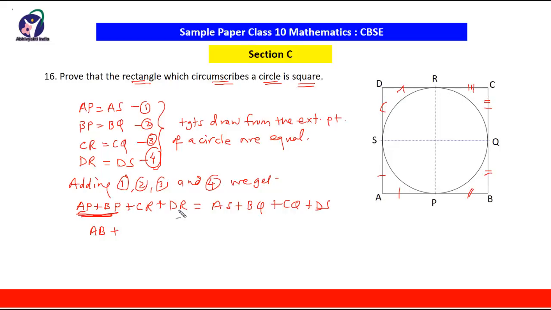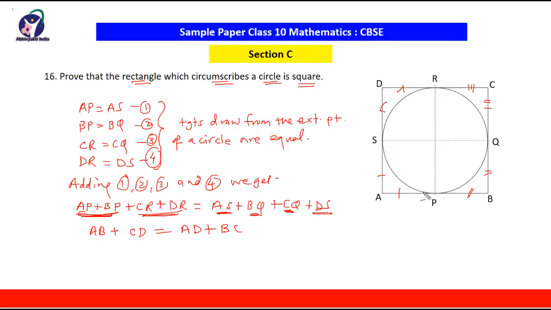So the left side is AB plus CD, which is equal to AS plus DS, which gives AD, plus BQ plus CQ, which gives BC. So AB plus CD is equal to AD plus BC.